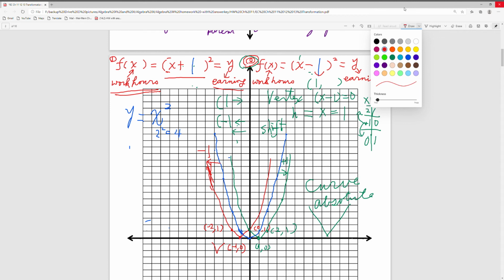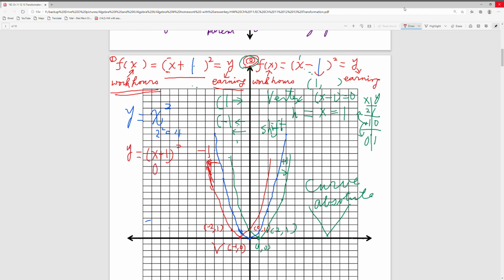Now, how about if you change the manager? Your manager says y equals (x plus 1) squared. Now, (x plus 1) squared, why will the graph shift to the left-hand side? Because you have a very nice manager.